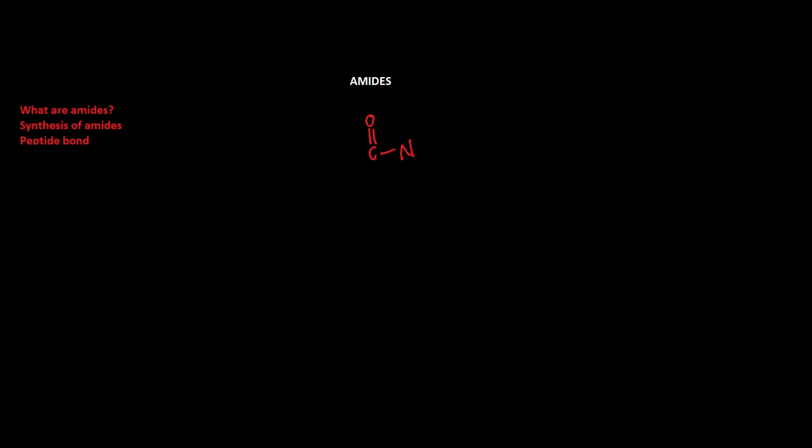Okay, so the carbon is the carbon from the carbonyl group, so nitrogen is bonded to the carbon atom in the carbonyl group. Now this bond, the bond in yellow, is a peptide bond. Okay, it's called a peptide bond or a peptide link.